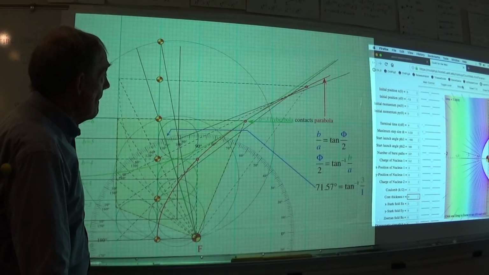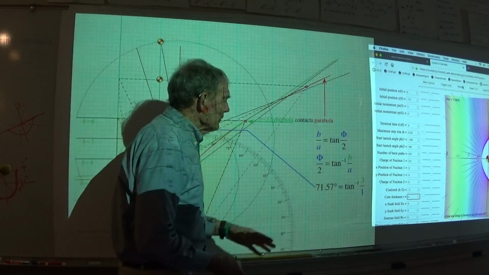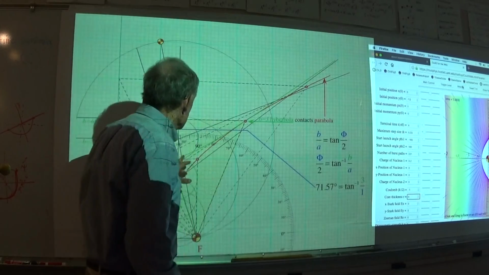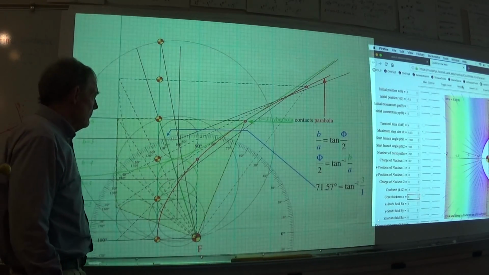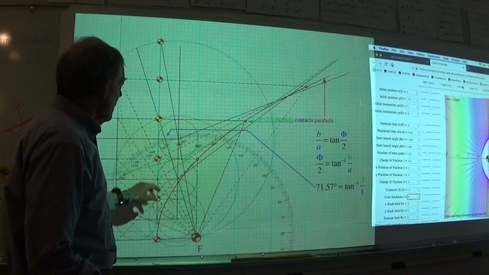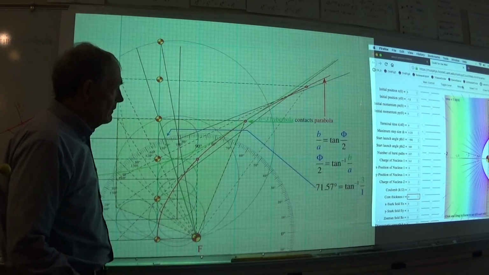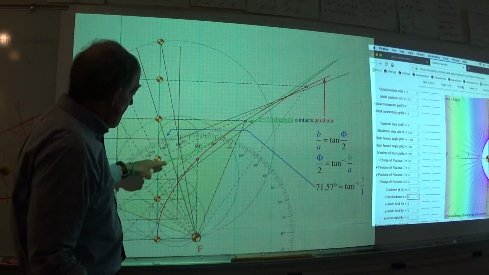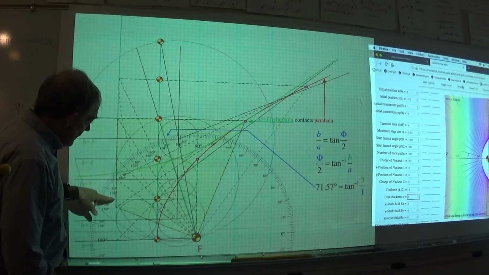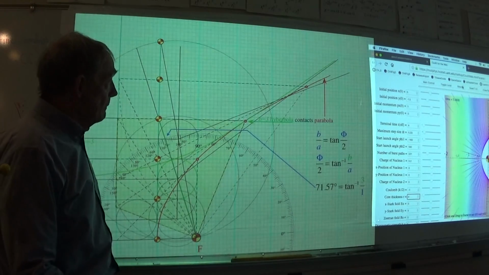Okay, so at this point you check to see if your geometry is working out, and we get about two-figure accuracy, maybe one figure to be ungenerous, but that's the actual scattering angle for this particular orbit that has 3 units of impact per amplitude.